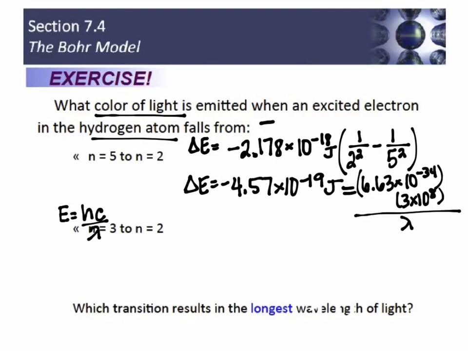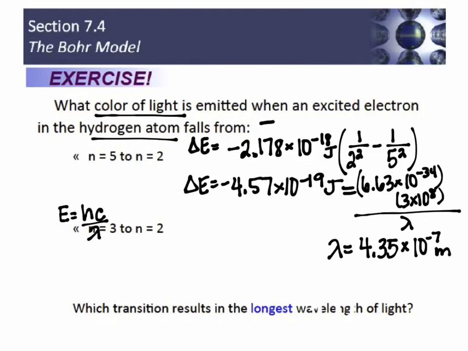What do you get for lambda? Yes, negative 4.35. Now, wavelengths cannot be negative, so we need to take the absolute value of that. So 4.35 times 10 to the negative 7th meters.